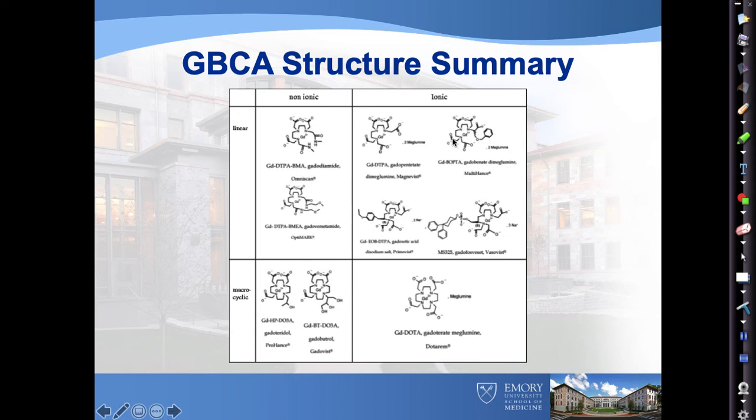Our ionic linear agents are Magnavist, MultiHance, Primovist, and Vasovist. Our macrocyclic non-ionic agents are ProHance and Gadovist. And our macrocyclic ionic agent is Dotarem.